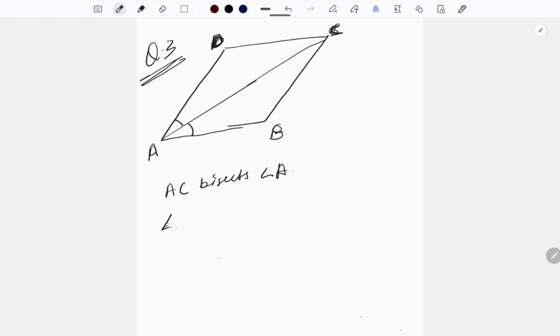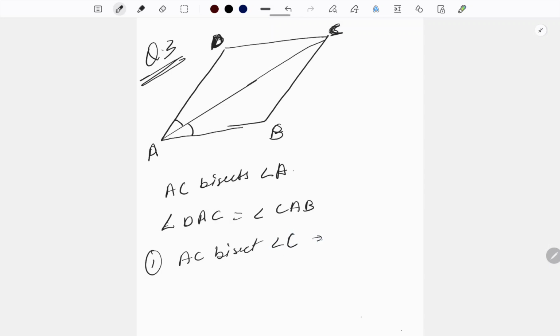So in this manner we can write angle DAC is equal to angle CAB. Now the first part says, does AC bisect angle C?